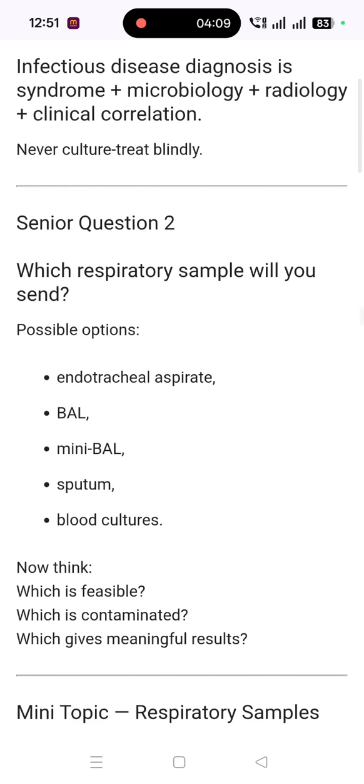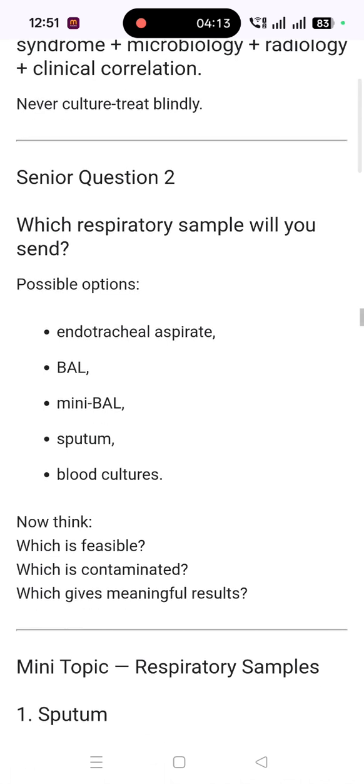Then which respiratory sample will you send in this case? The possible options are endotracheal aspirate, BAL, mini BAL, sputum, and blood culture. You should know the difference between these respiratory samples and why they are sent in respiratory infection.